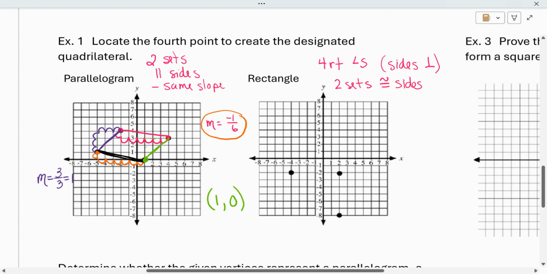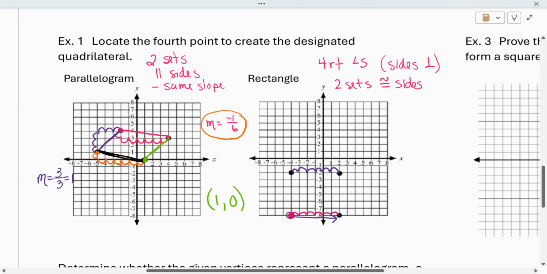So I can actually just use the distance between these 2 points, 2, 3, 4, 5, 6. And I know that I need to model that. The distance from here to here also needs to be 6. So 1, 2, 3, 4, 5, 6. So I'm missing this point right here.